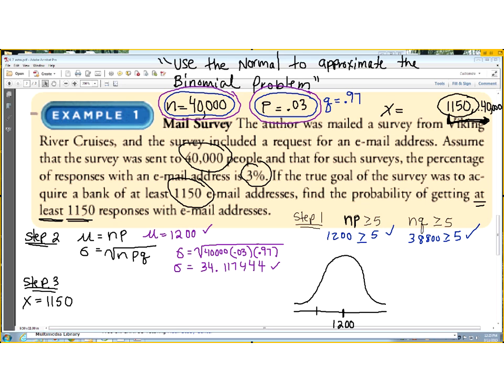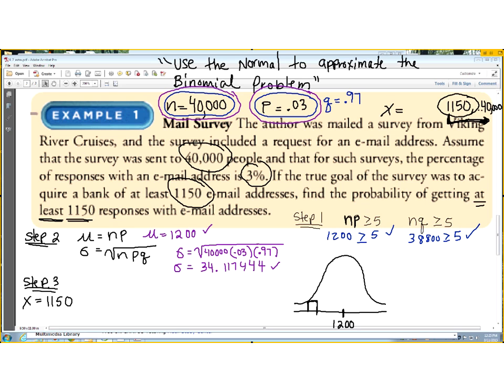Okay, so what I am going to do is, this strip that you see there, that strip represents my x, the 1,150. So if I were to shade that strip, that would be the probability that x equals 1,150. But in this case, I don't just want 1,150.